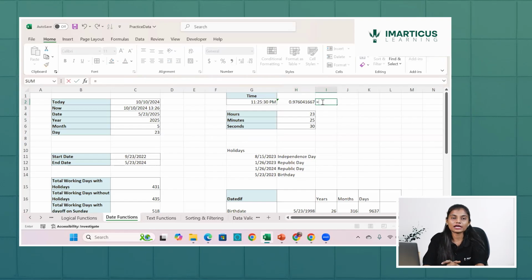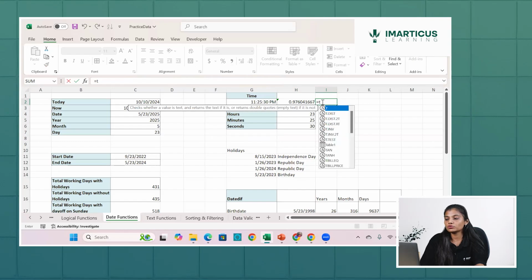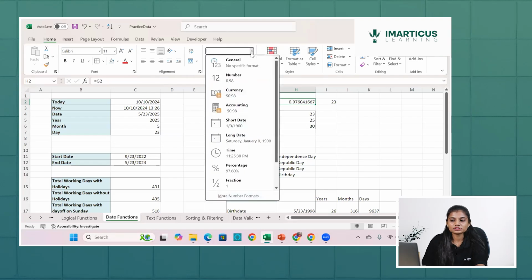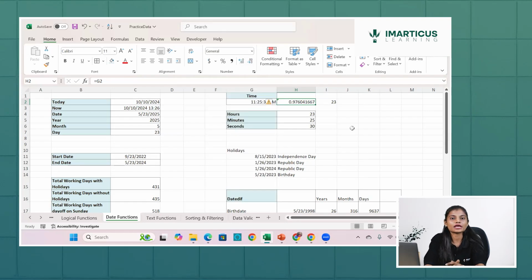When you have mentioned time but it's not in the customized or proper format which is required, and you try to use the hour function on the same, it's working but it's not giving you proper visibility into how it works. So it's better when you have the date in this format, go into the number formatting option and change it to the time format. So this is how date and time functions help us.